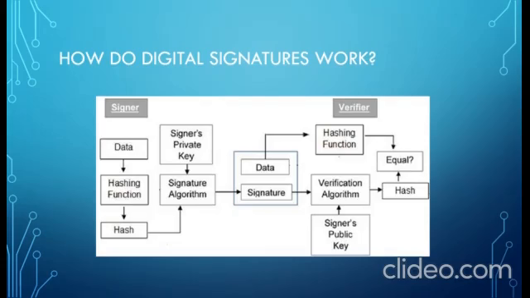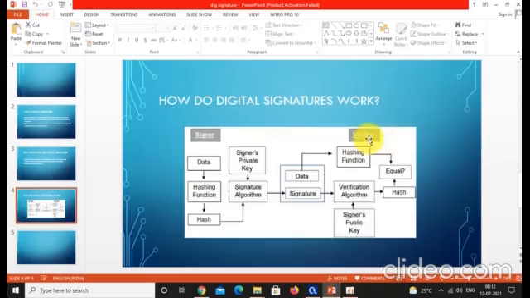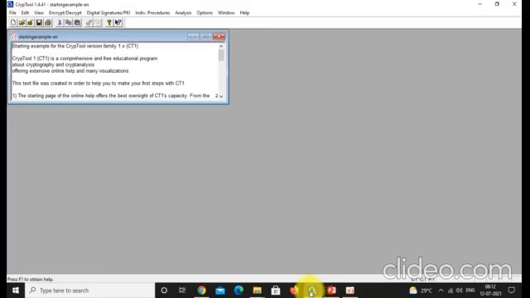Now we are going to see how we can create a digital signature and how we verify it using the CrypTool software. CrypTool is an open source software designed to demonstrate the application and analysis of encryption algorithms.